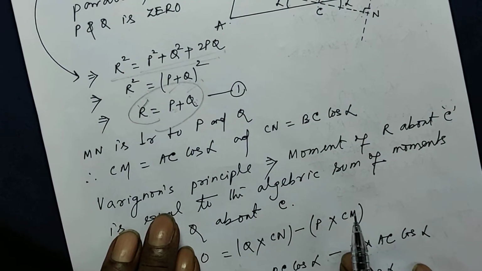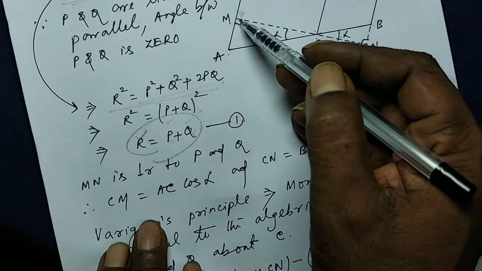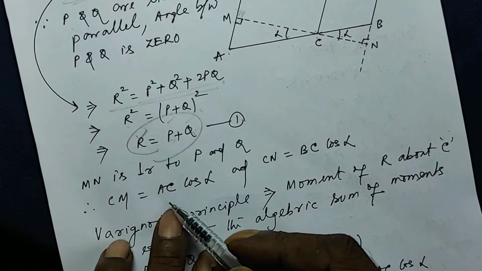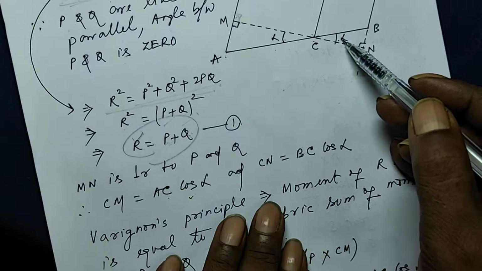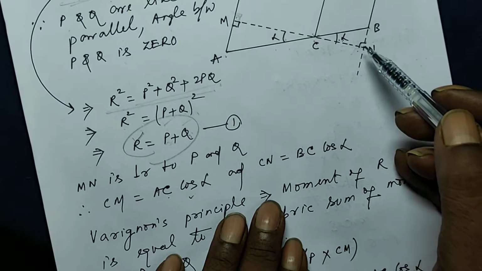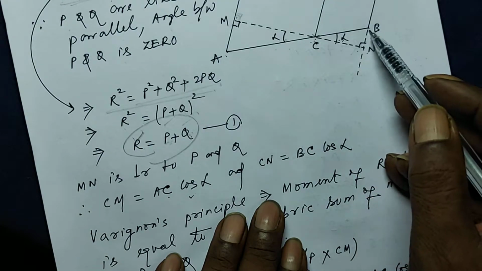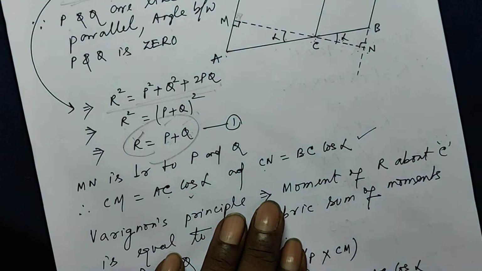And if you cross multiply, then you get CM in the triangle AMC: CM will be AC times cos alpha. If you take cos alpha in this triangle BNC, right angled at N, it will be base over hypotenuse, CN over CB, and if you cross multiply, you get CN is equal to BC times cos alpha.